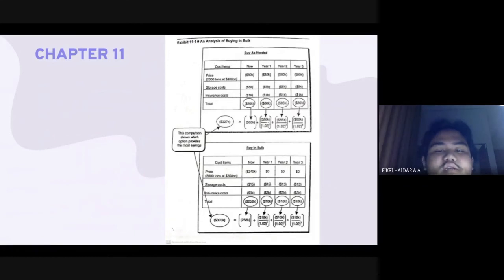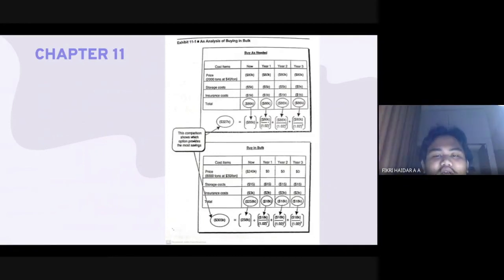The difference is that the first one is yearly payment, buying at a 1-year period, and the second one is buying in bulk, paying upfront in the first year. As you can see, the difference is in the storage cost and the insurance cost. Buying in bulk has much higher storage cost, 3 times as much as the buy as needed storage cost.